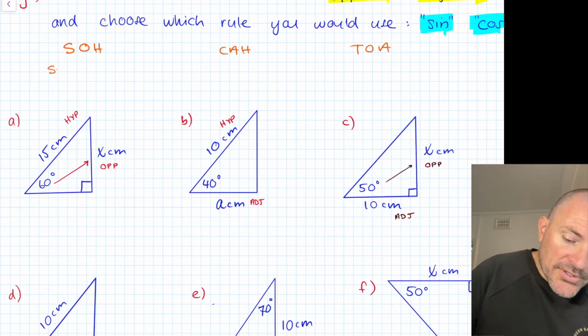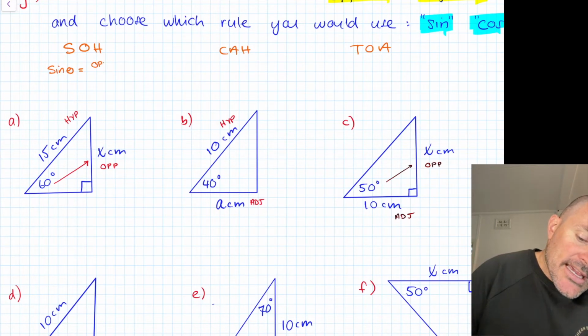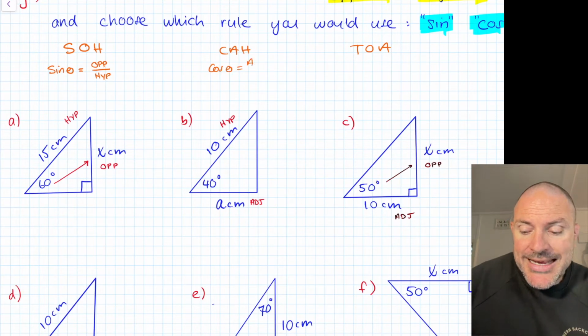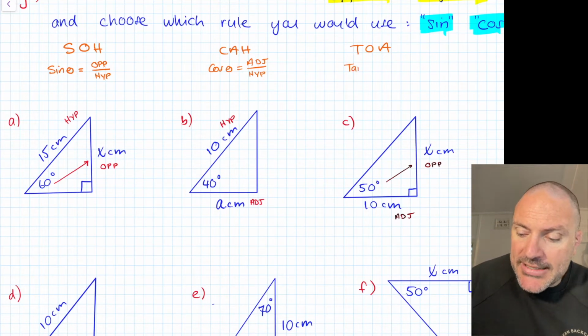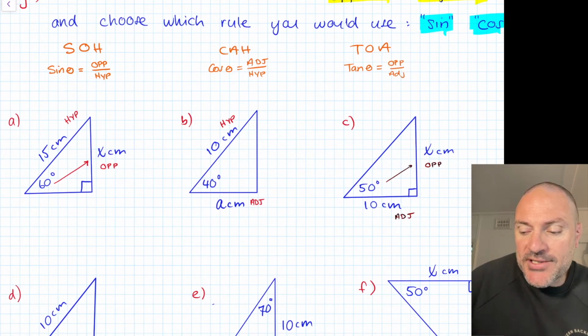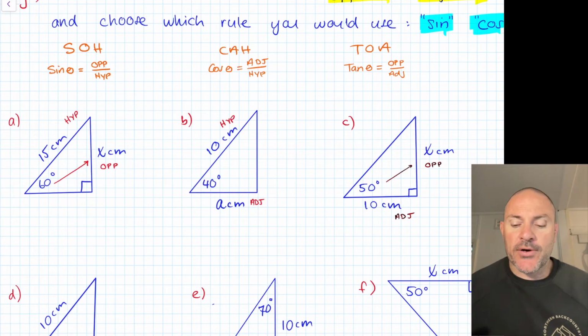So remember, the rule states that sine of my angle, sine theta, equals my opposite over my hypotenuse, hence why it's SOH. Cos theta equals my adjacent side over my hypotenuse, and TOA, or tan theta, equals opposite over adjacent. Can you see how it's SOH CAH TOA?